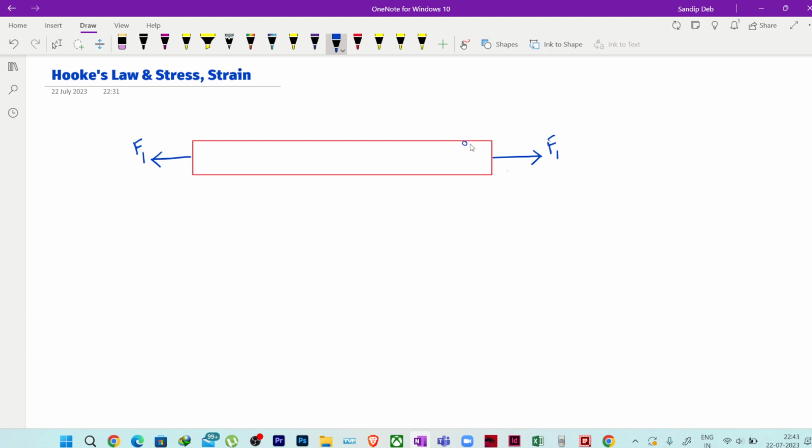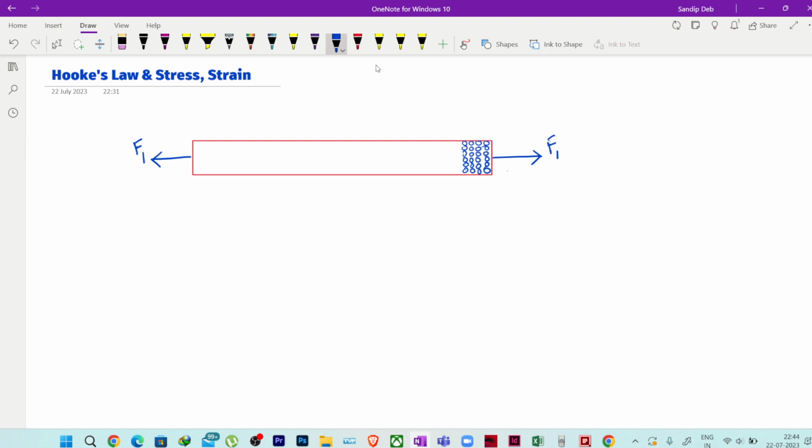The bar has some molecules or particles inside it, though it will not be visible like this, just to represent or make you understand. So it has something like this, and they also have some force acting in between them. So when I have applied a force F1 on this particular area of the bar, what will happen?